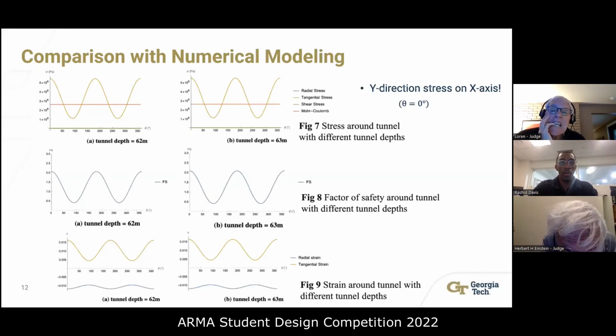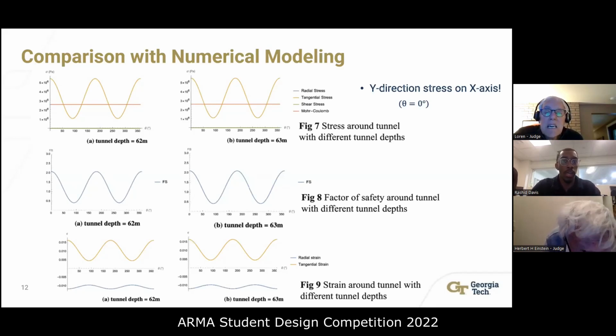So when comparing with the numerical model, we found that there was one issue, and we checked the stress around the tunnel with the theoretical analysis. The red line here in the figure is the failure stress based on the Mohr-Coulomb criterion, since there should be no radial stress around the tunnel wall.